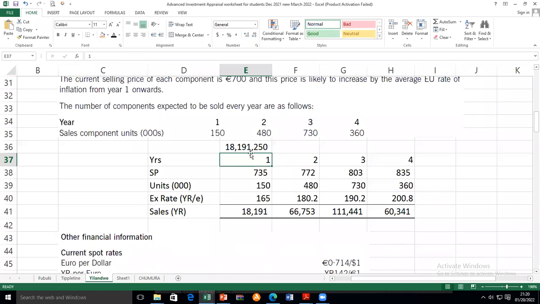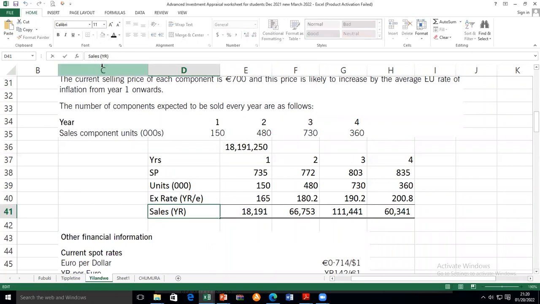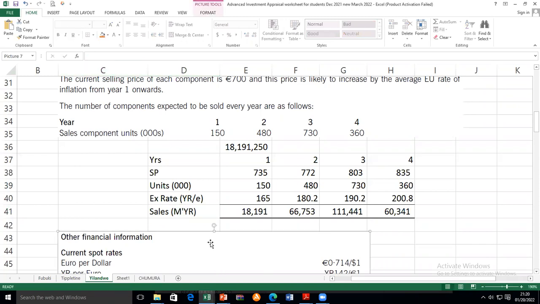So all you do is, I've kept 3 zeros here, I'll take another 3 zeros out. So this figure now gets into millions of rands. Why? Because I've divided by another 1,000.